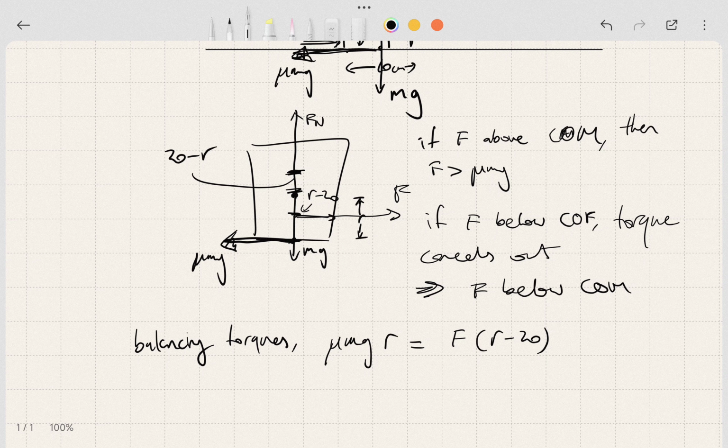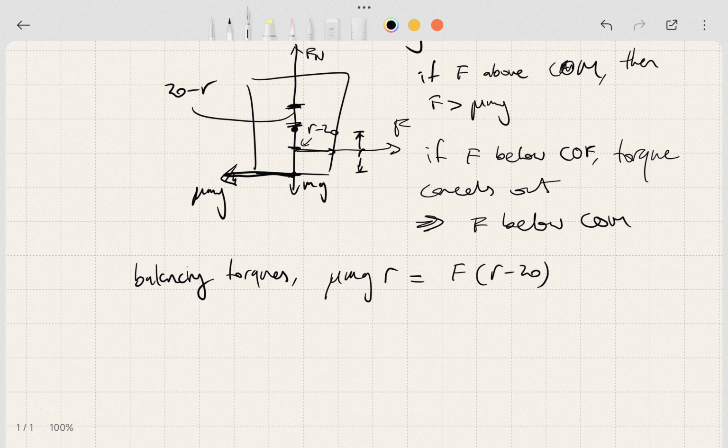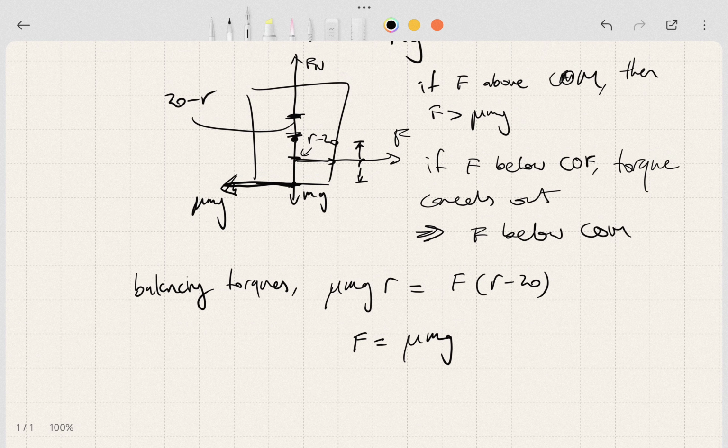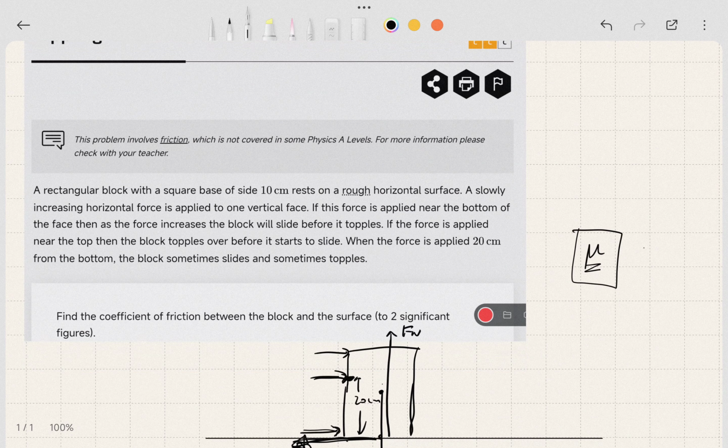And what we also got to do is the forces must also balance. So what this means is F must be equal to mu mg, because for half the time the object does not spin, the object slides.